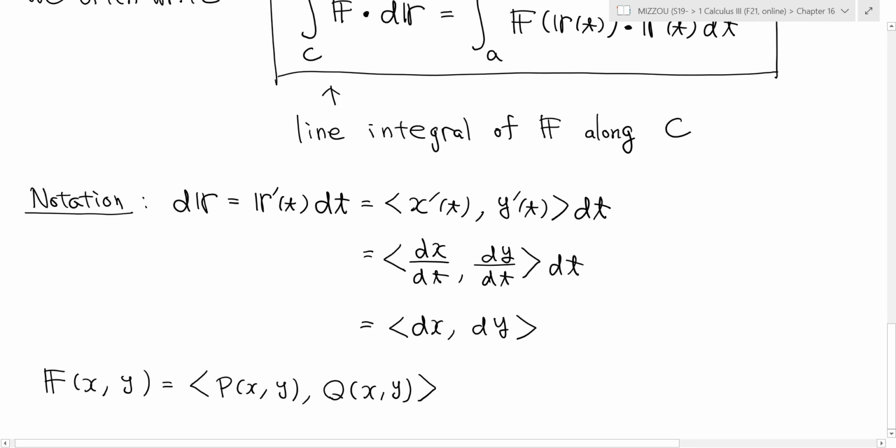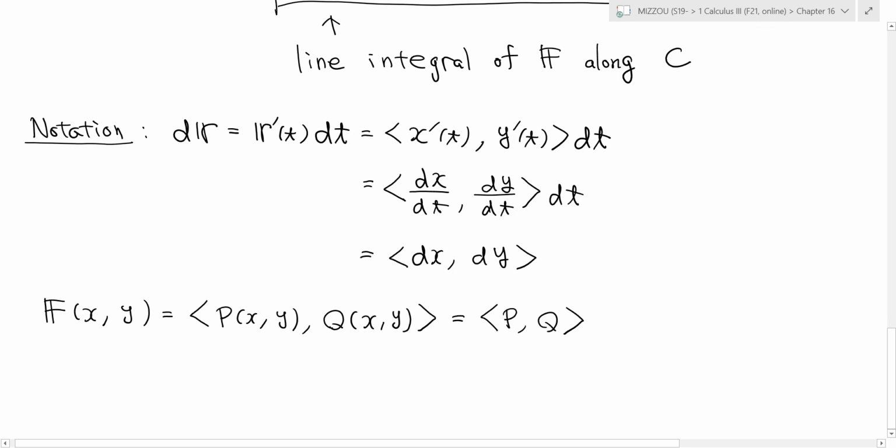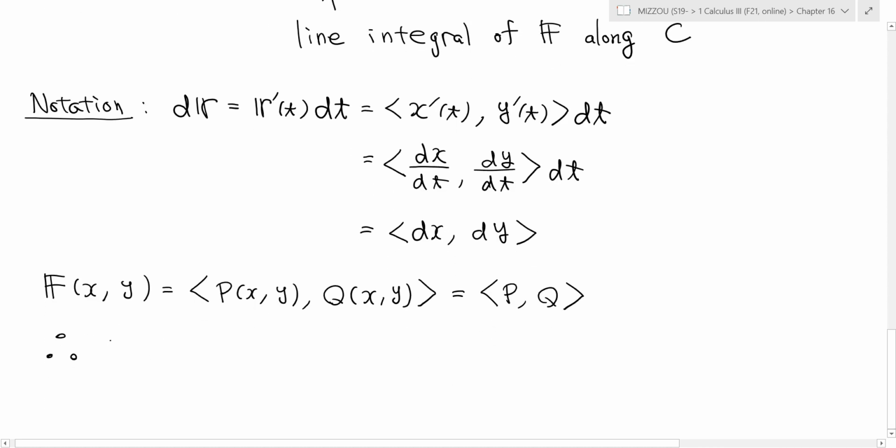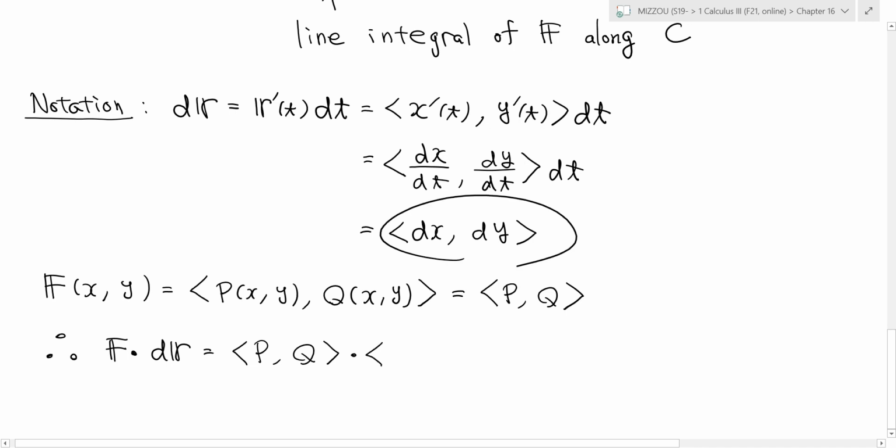Let's just omit the parentheses, and this is P, Q. So therefore, F dot dr is written as P, Q dot this dx, dy. And so therefore this is P times dx plus Q times dy.